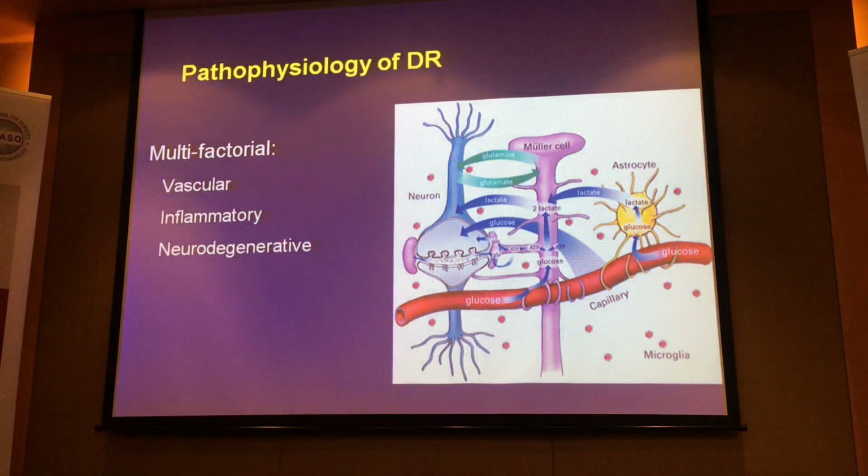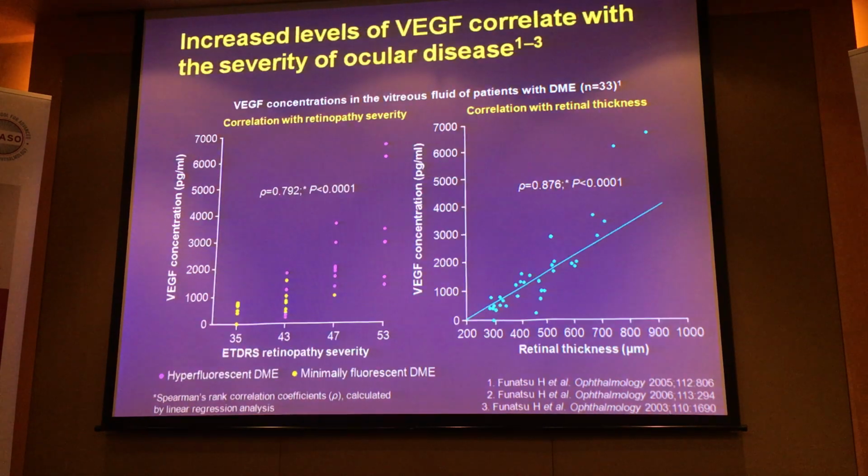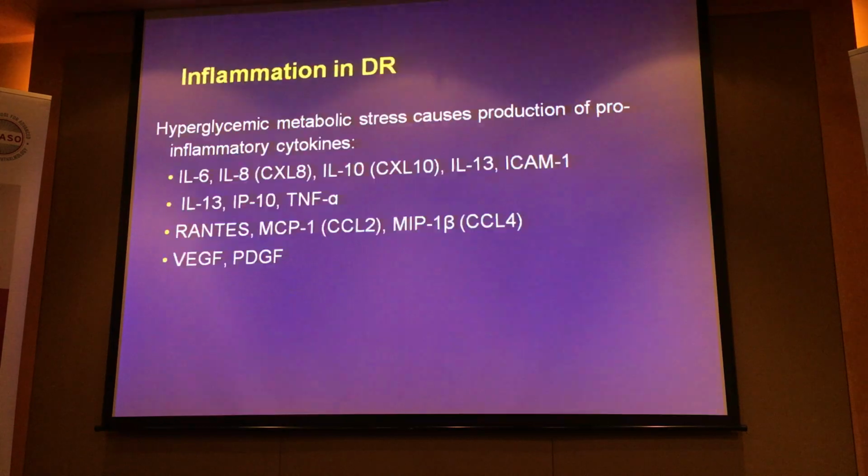The last part of my talk is really to look at non-VEGF mediated pathways. Right? We know that it can be vascular, inflammatory, and neuronal. Of course, the most important factor is still VEGF, consistently. And that's why anti-VEGF is the first line. But we know that inflammation plays a big part, not just in diabetic retinopathy, but in diabetes as a whole.